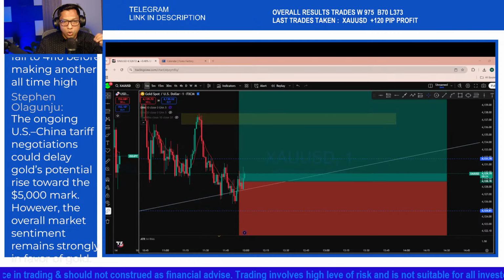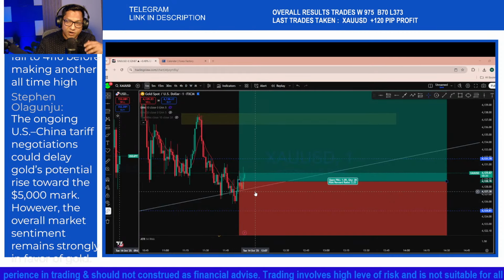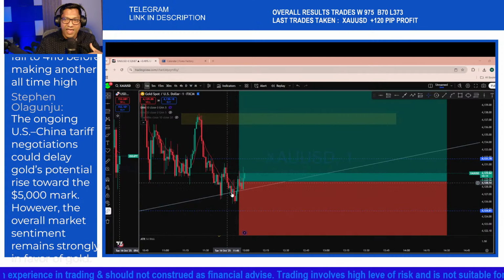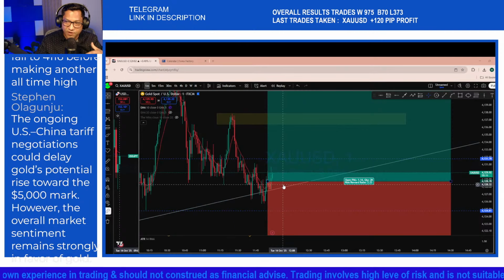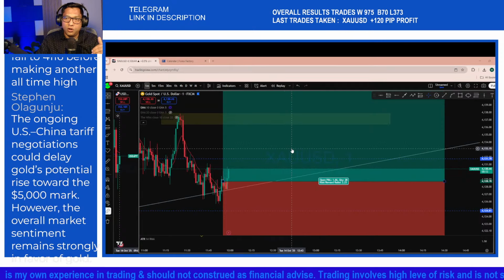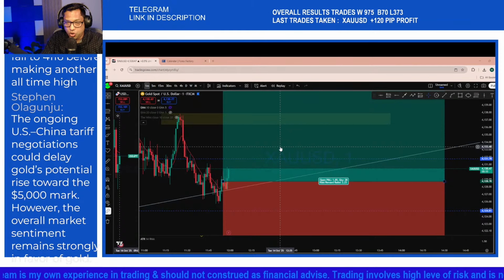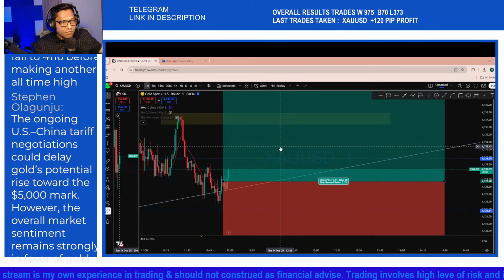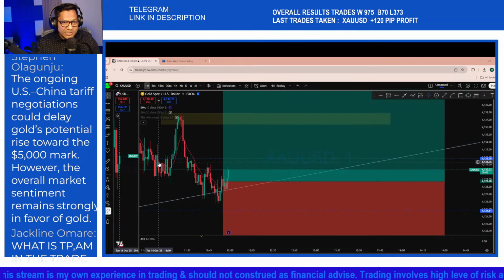Okay, you can see this is where the inverted head and shoulder formation, the market has created that inverted head and shoulder and then rejected back above for a new higher high.